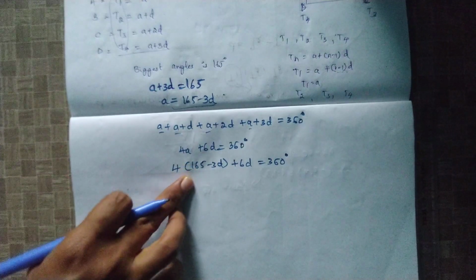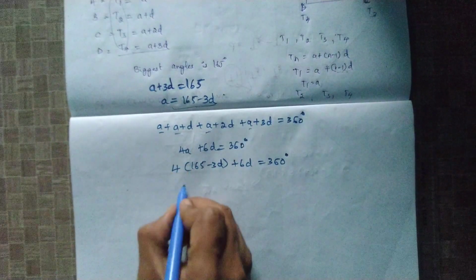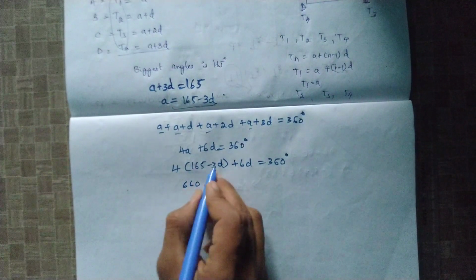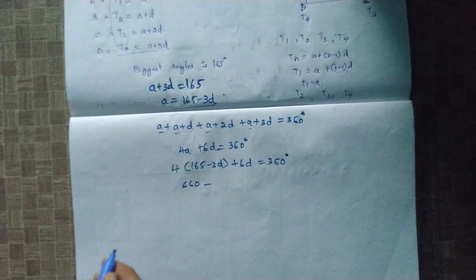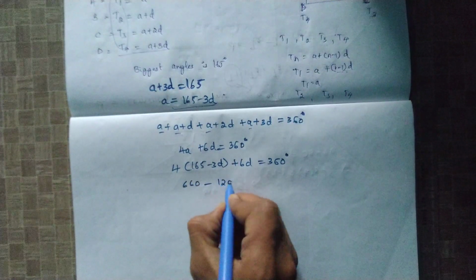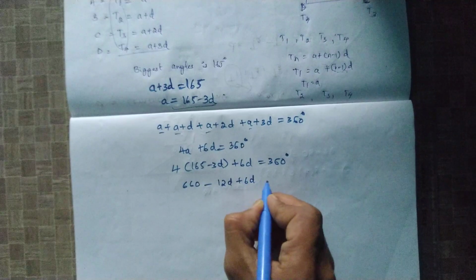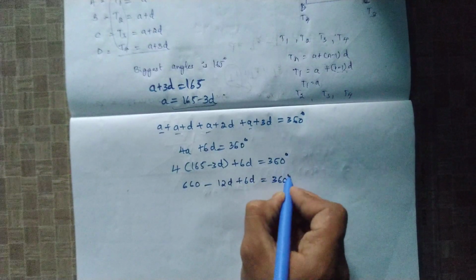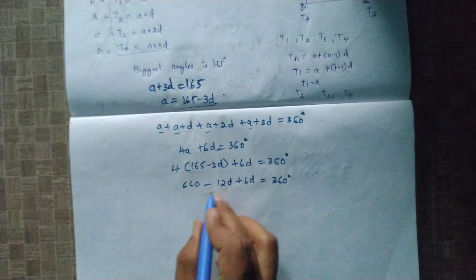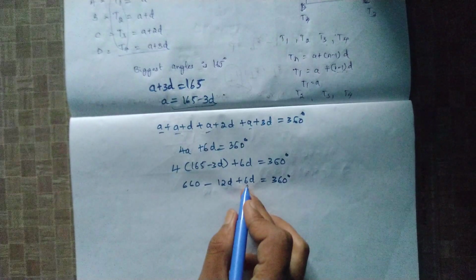4 into 165, when we multiply, we get 660, minus 4 times 3 is 12D, plus 6D is equal to 360 degrees. Minus 12D plus 6D is minus 6D.